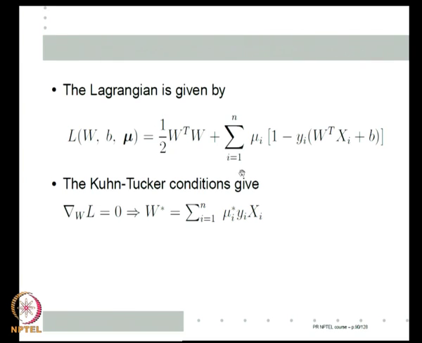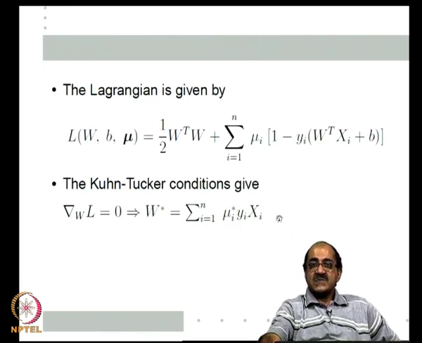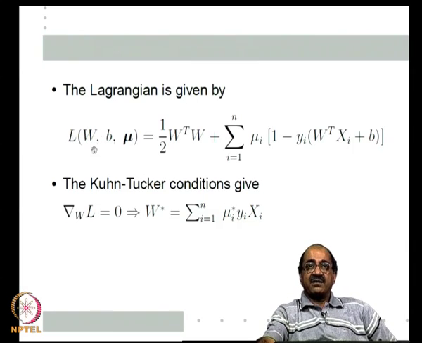From this term there is only one W term, that is mu_i y_i W transpose x_i. So, the gradient of that with respect to W will be mu_i y_i x_i, right. That will come with a minus term. So, if I equate it to 0, I get the optimal W as summation over i equal to 1 to n of mu_i star y_i x_i. So, by equating the gradient of L with respect to W to 0, I get W star as summation i equal to 1 to n of mu_i star y_i x_i.